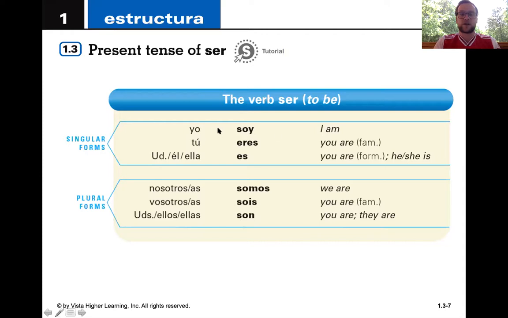Okay, so here are our conjugations one more time. Yo soy, repeat after me. Yo soy, tú eres, usted es, él es, ella es, nosotros somos, nosotras somos, ustedes son, ellos son, ellas son.